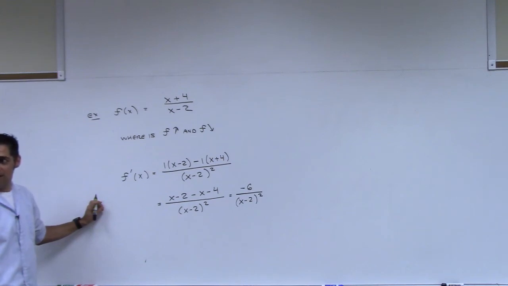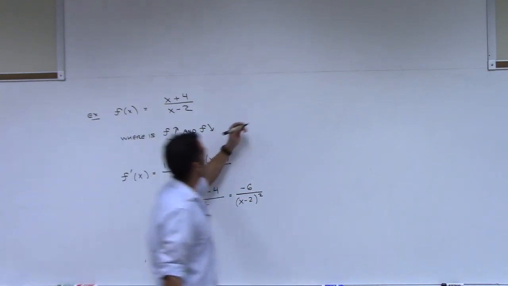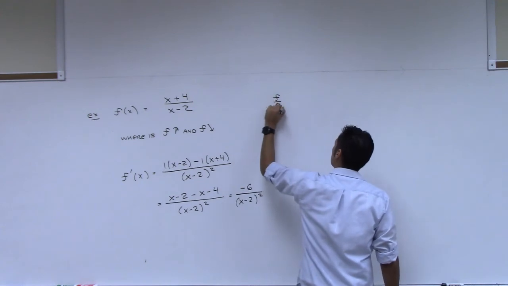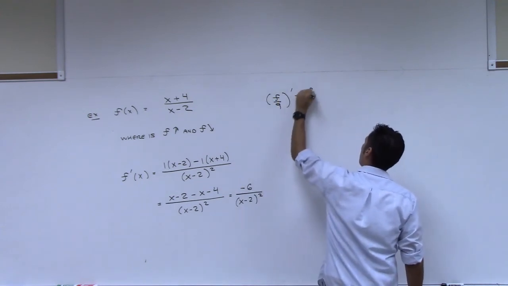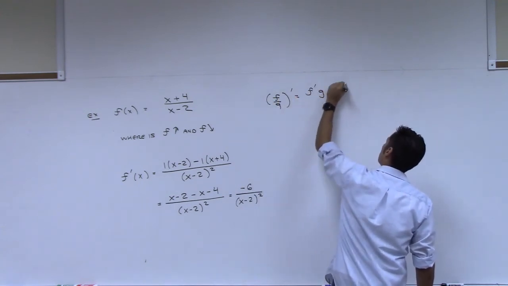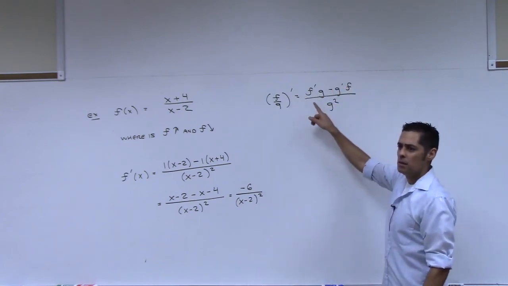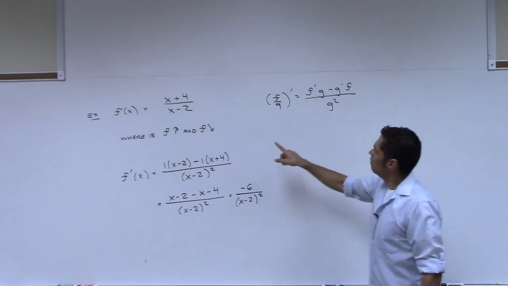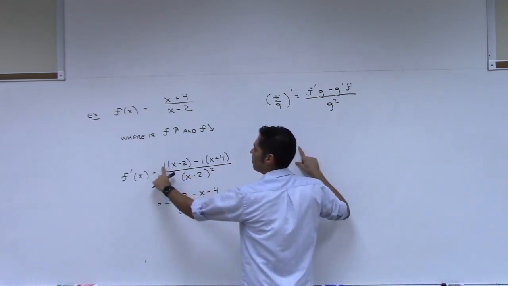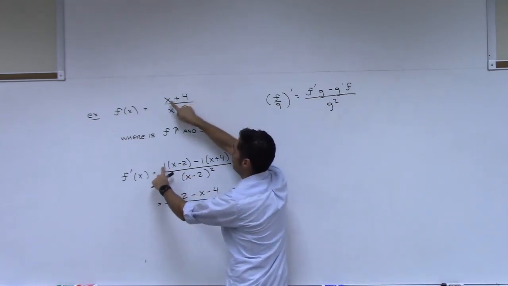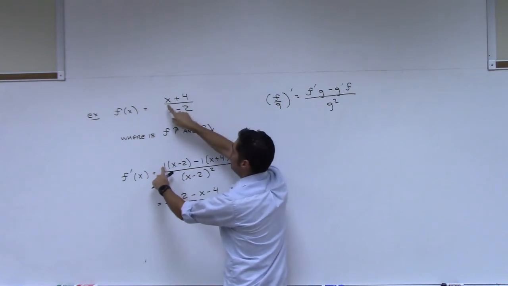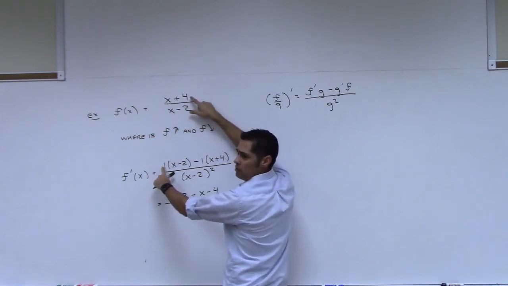I'm using the formula for the quotient rule that we did. Remember that formula? Yeah, I was confused on the order of the formula. So it's the derivative of the top function first. The derivative of this is just 1, because the derivative of x is 1, derivative of 4 is 0.